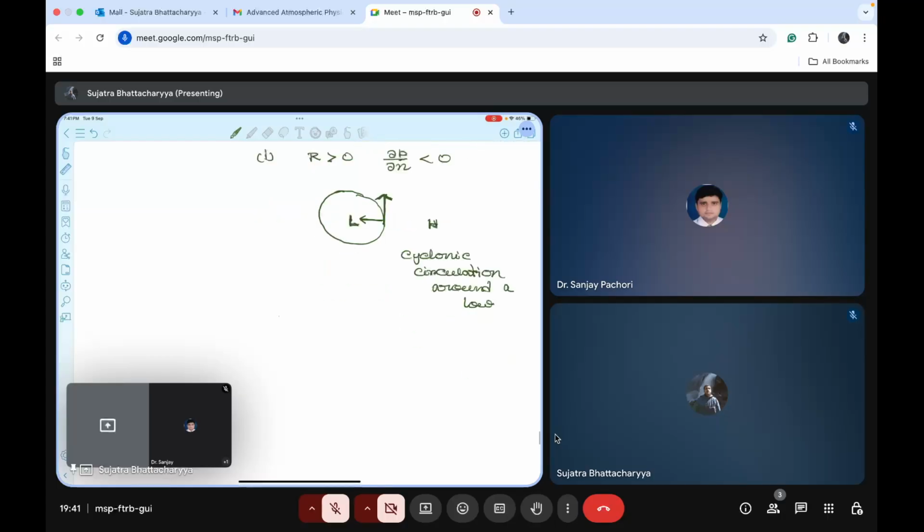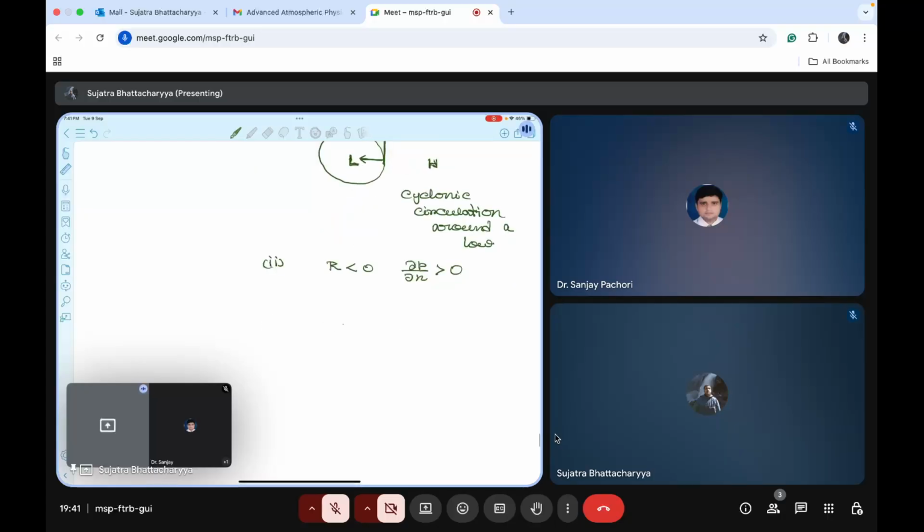And what is the second condition? R is less than 0 and delta P delta N is greater than 0. So R less than 0 is something like this. And again, the left normal is towards the left. So this is your left. So this is now the positive N direction. Pressure increases in this direction.